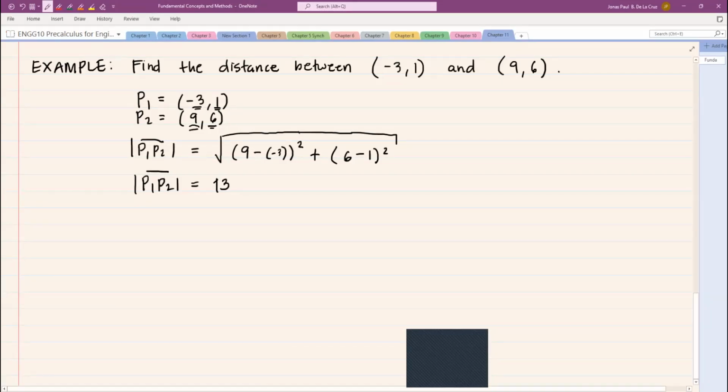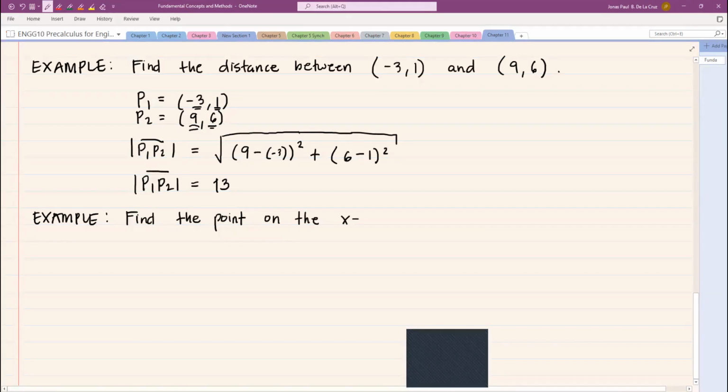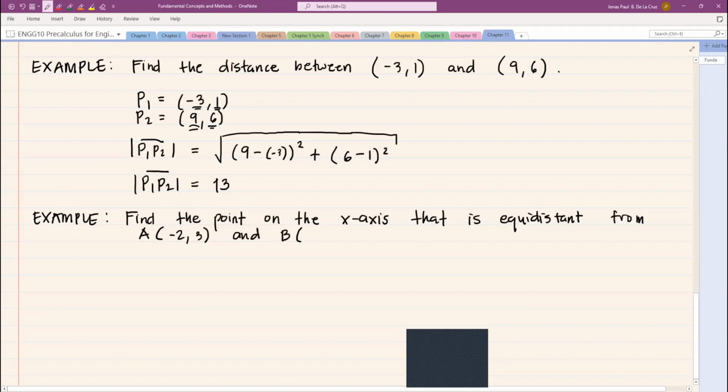All right. Another example dito. Find the point on the x-axis that is equidistant from point A with coordinates -2, +3, and point B with coordinates +10, -6.